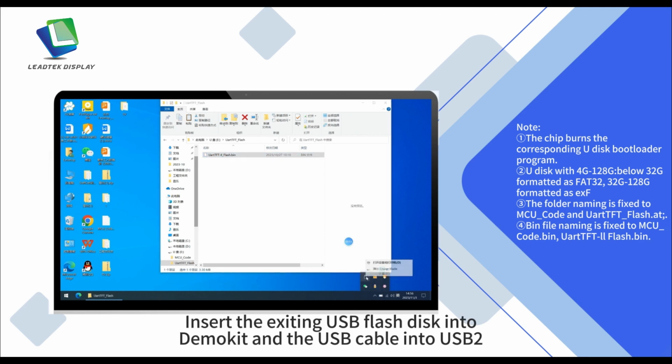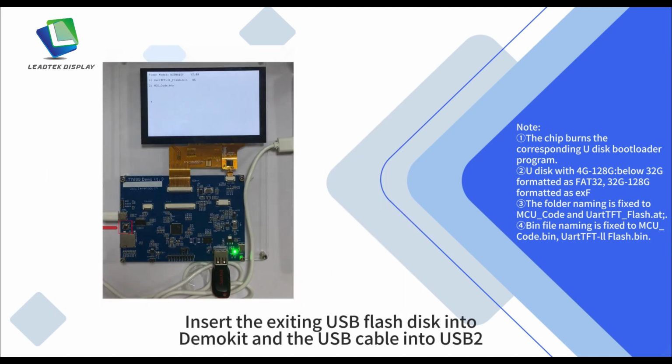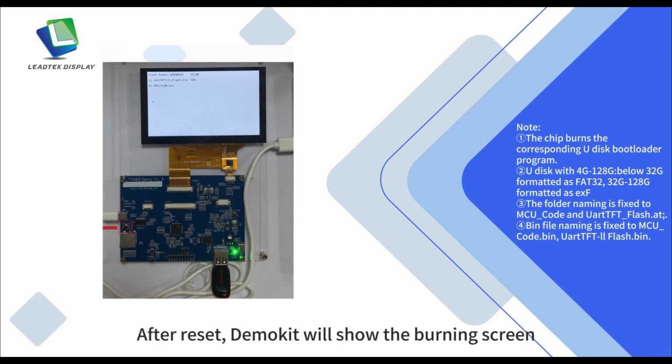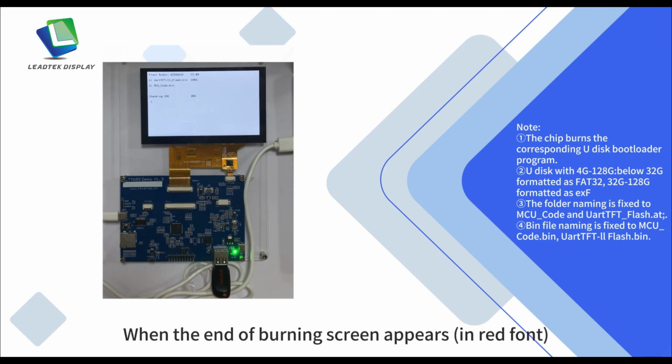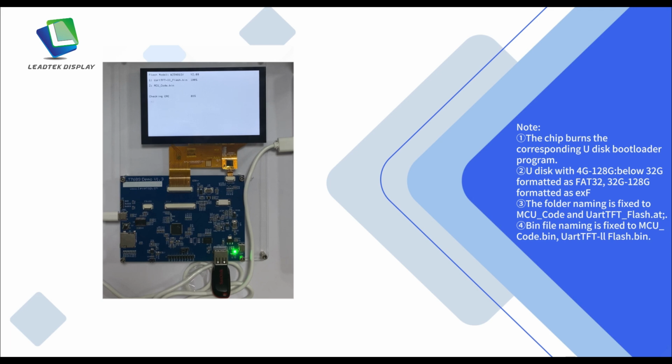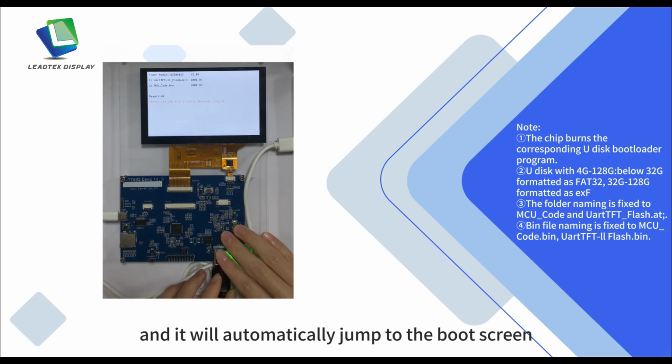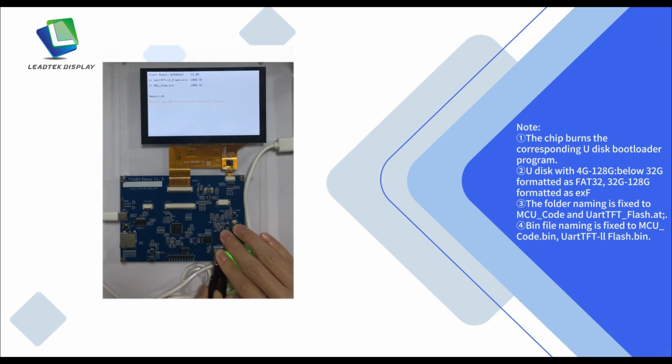Insert the USB flash drive into the demo kit and the USB cable into USB 2. After reset, the demo kit will show the burn-in screen. When the end of burn-in screen appears in red font, you can take out the USB flash drive and it will automatically jump to the boot screen.